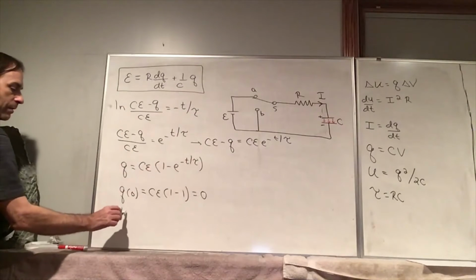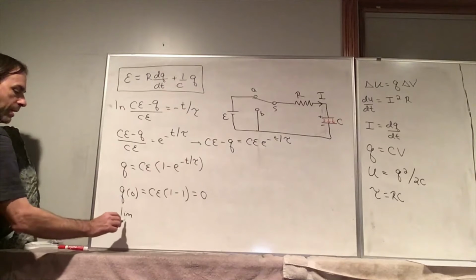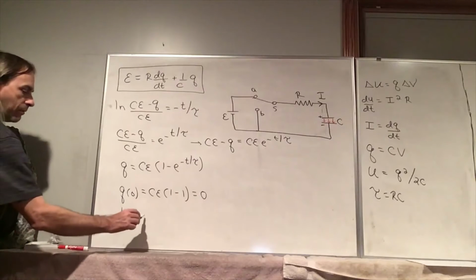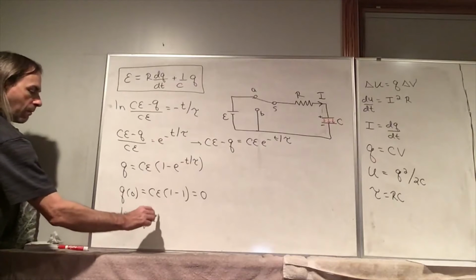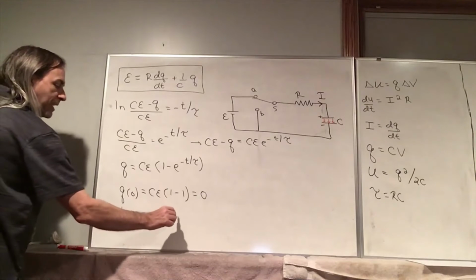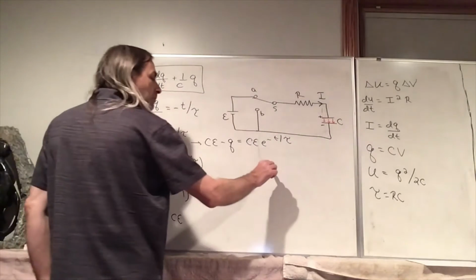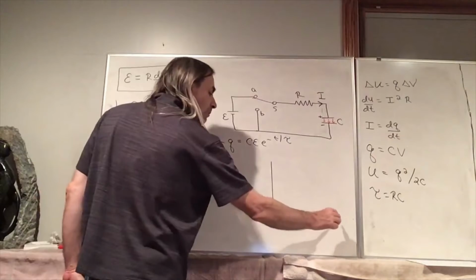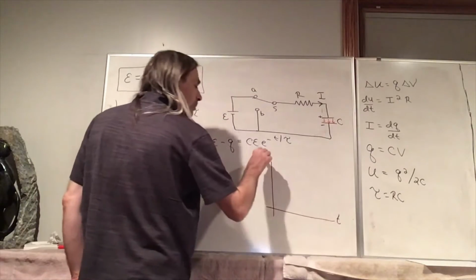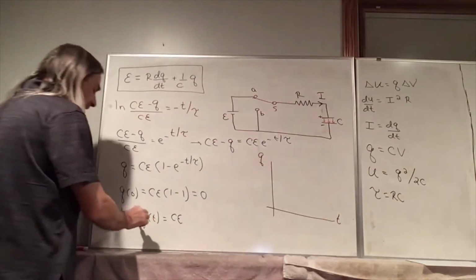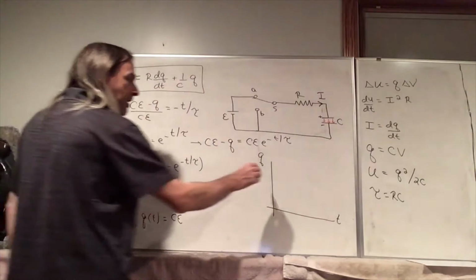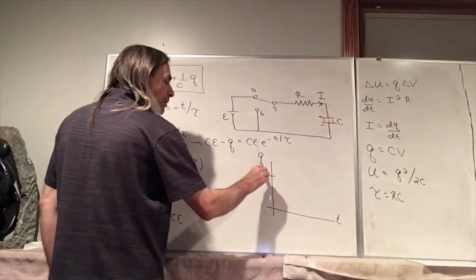So the limit as t approaches infinity is just c epsilon. So if we were to plot the charge as a function of time, we start at 0 and we approach this limit c epsilon.